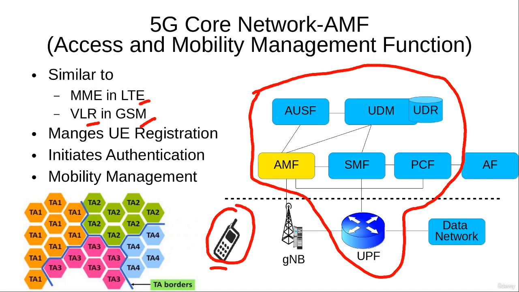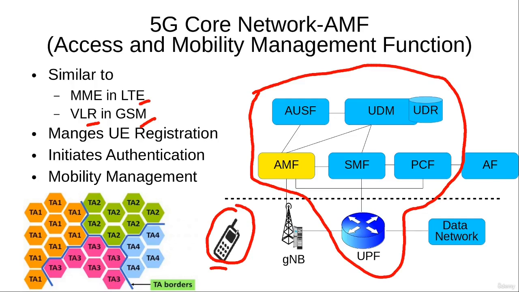In that case, the location of this user equipment is known to the network at the tracking area level. Now, what is a tracking area? The cells in the 5G network are divided into tracking areas. A group of cells has one tracking area number, another group of cells has another tracking area number, and another group of cells has yet another tracking area number.